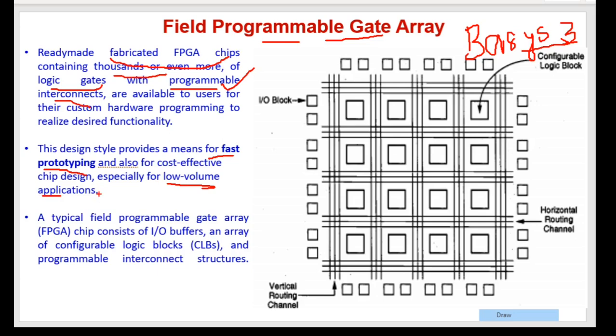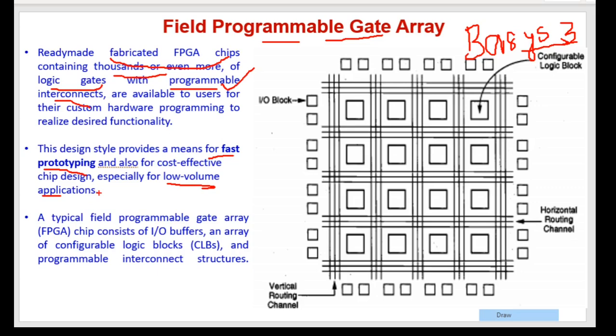If you know how to write a circuit in Verilog code, you can realize the hardware in a matter of a few minutes, 5, 10, 20, 30 minutes.